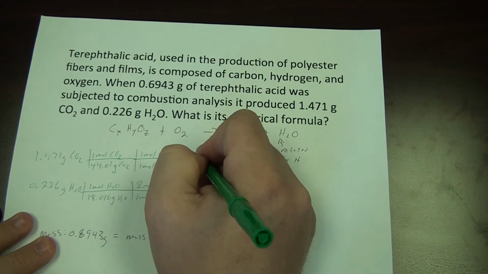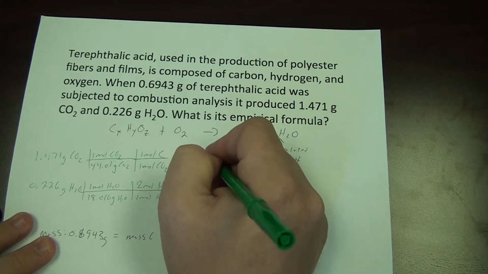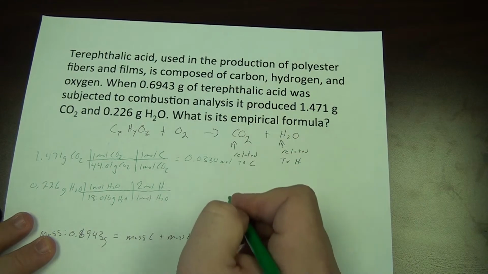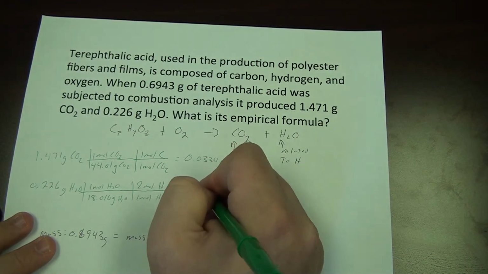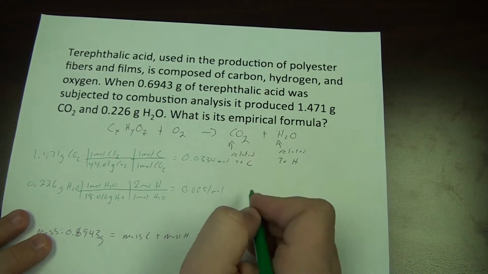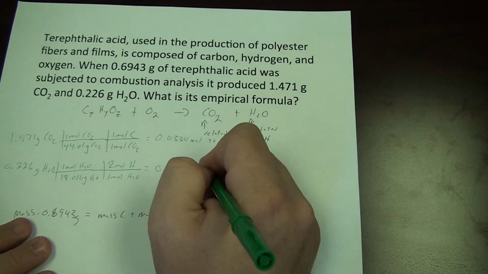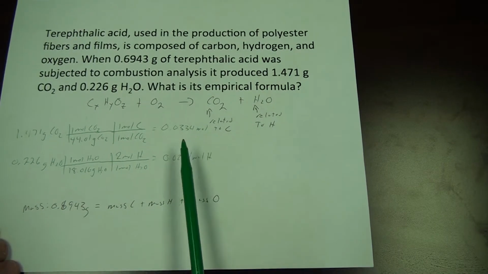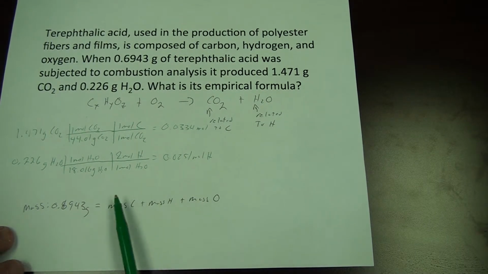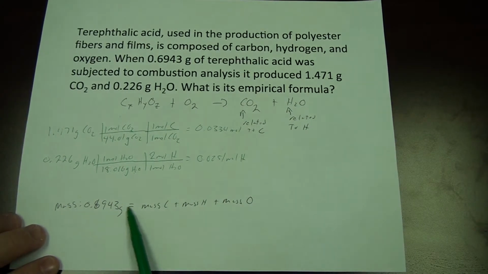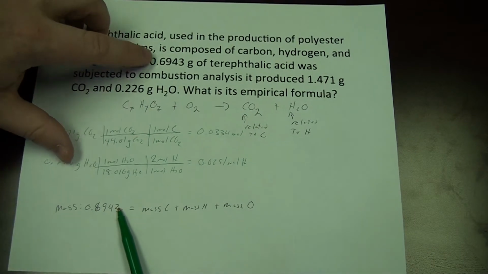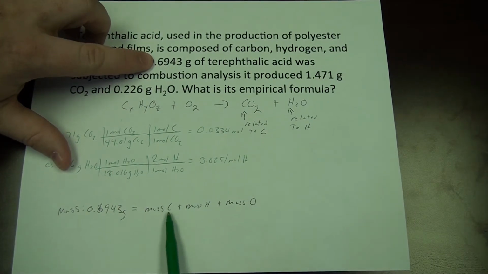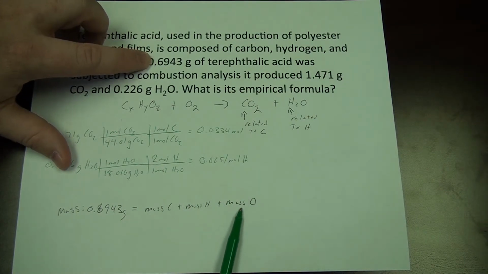We see that we had 0.0334 moles of carbon and 0.0251 moles of hydrogen. To figure out the amount of oxygen that we had, we have to convert this to mass, because the total mass, as we said, of this original compound has to be maintained. So the mass of carbon at the end plus the mass of hydrogen at the end has to equal the mass of oxygen.